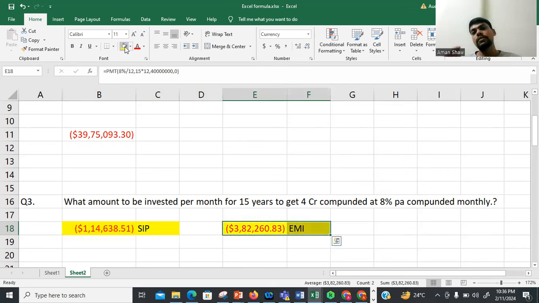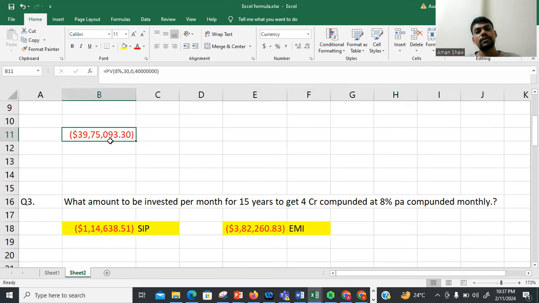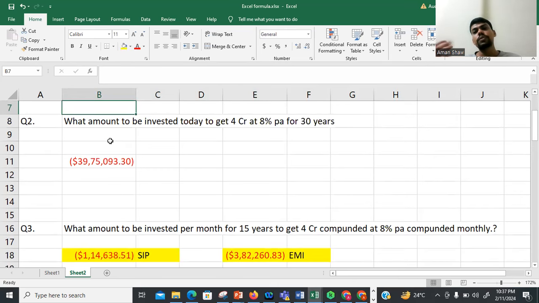Generally, always remember PMT formula is used for calculating the series of investments to be made per month or per quarter, because for a lump sum PV will do. We already saw in the above formula that for 4 crore rupees you require 40 lakh rupees, but to calculate per month or per quarter we use PMT.